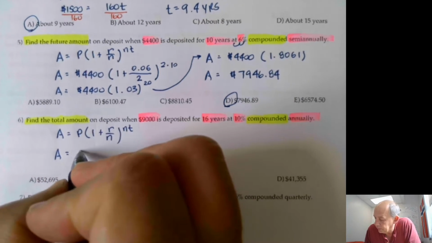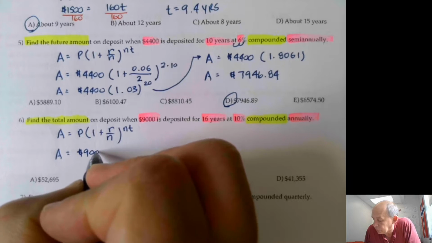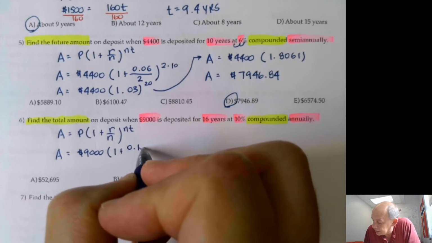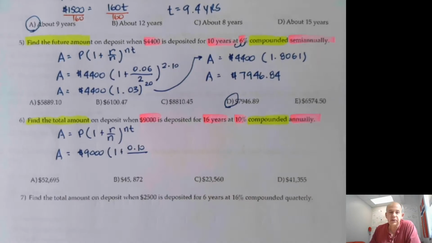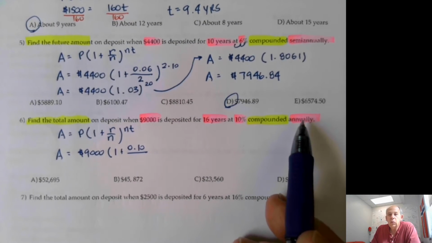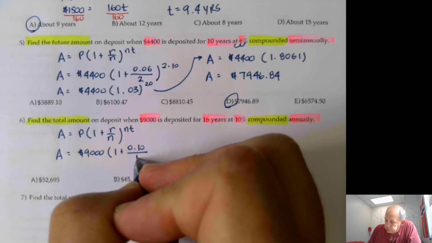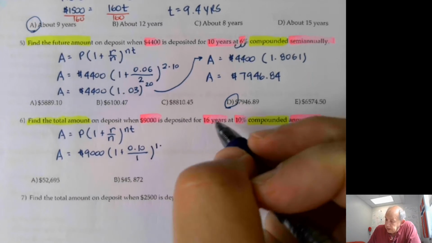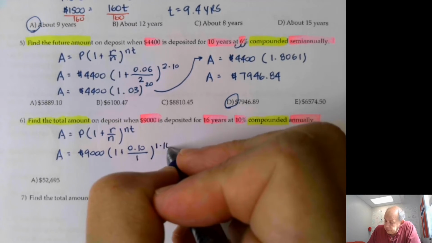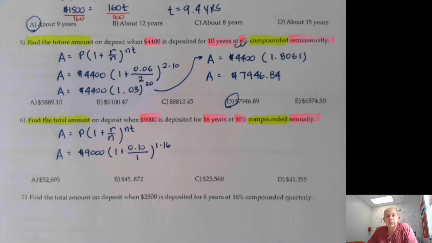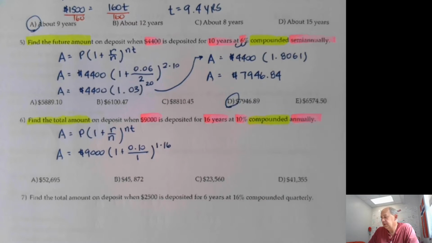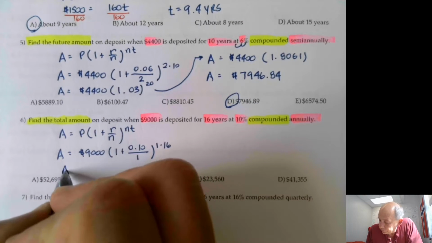So here I go, 9,000 bucks that I'm starting with. My interest rate is 10%, 0.10. Annual, just like a flower that blooms once a year, they're called annuals. My N is 1, and I'm going to let that sit in the bank for 16 years. Again, pick the right formula, plug in the right numbers, and now it's a calculator problem.